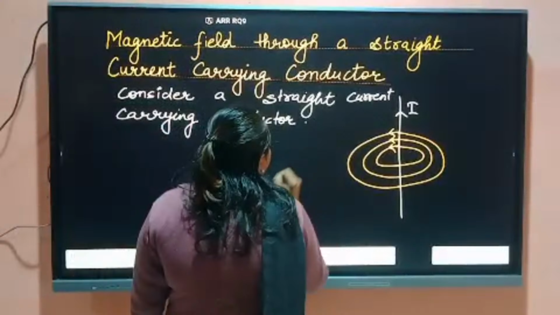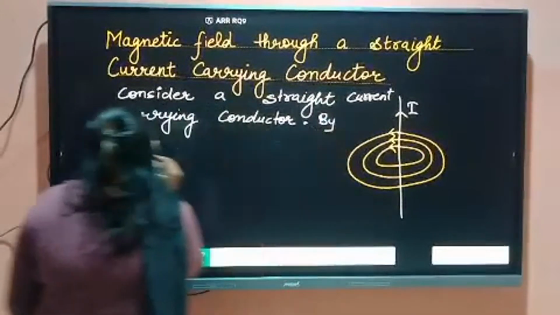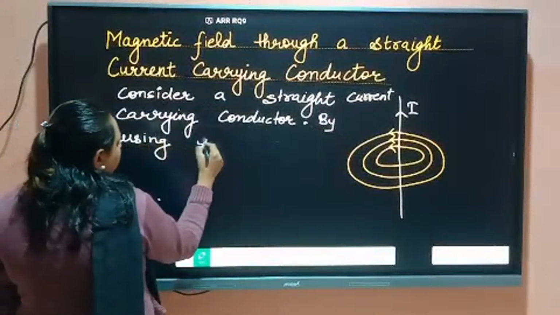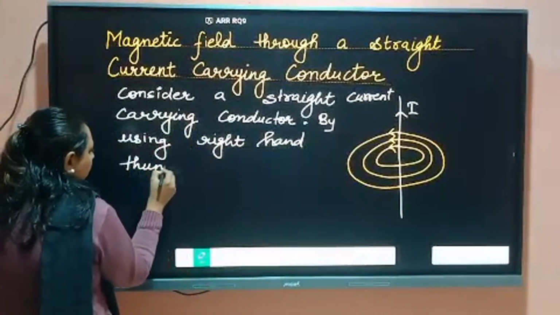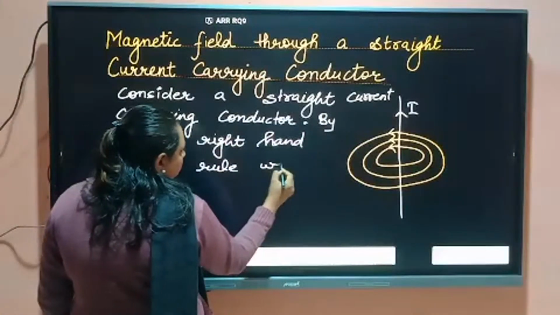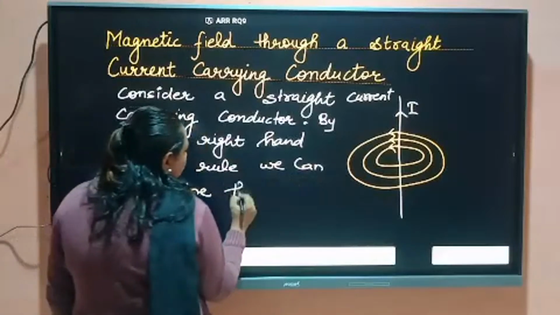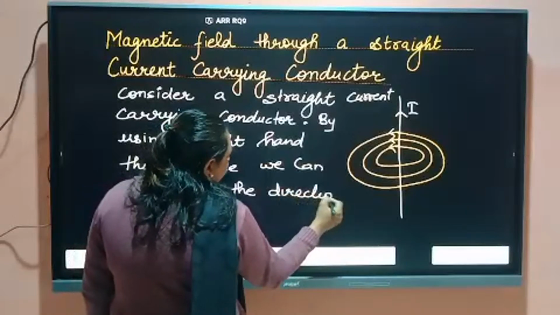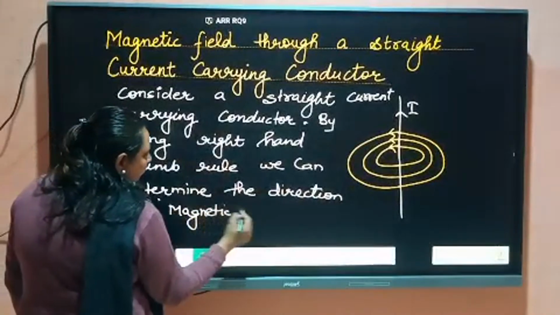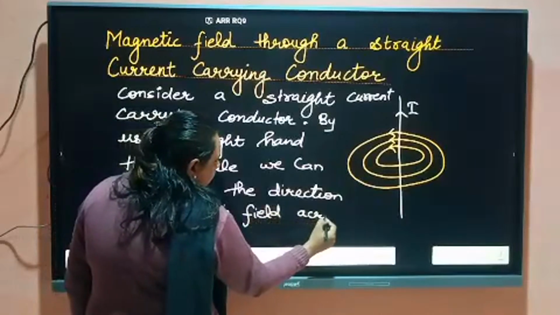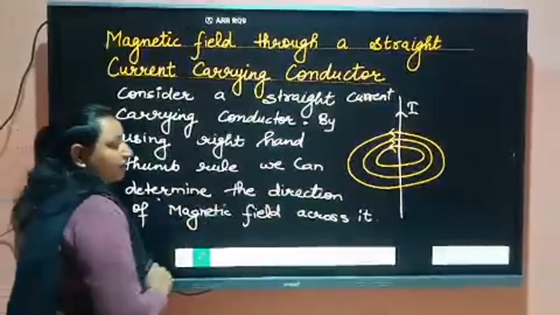By using the right hand thumb rule, we can determine the direction of magnetic field across this straight current carrying conductor. So the direction of magnetic field is anti-clockwise.